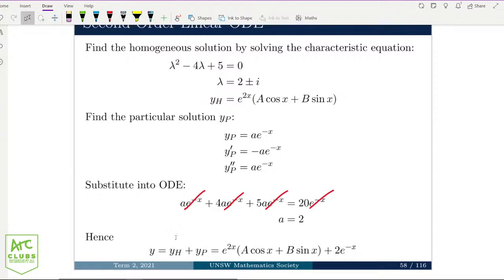As a result, our final solution for our ODE is equal to the homogeneous solution plus the particular solution. So it becomes this, plus replacing a with 2, which we've just evaluated. We end up with this expression as our final solution.